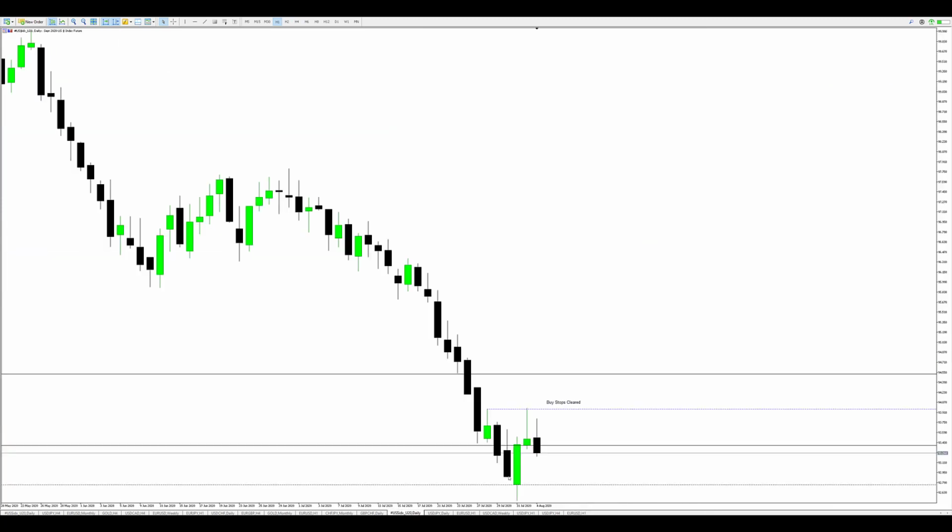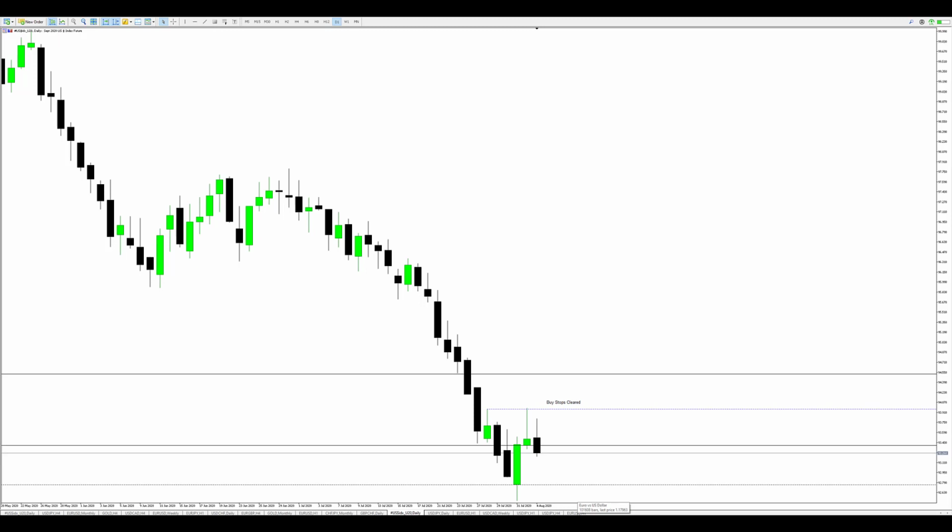You can clearly see what kind of price action we have here. So as long as the price is trading below 93.95 on the dollar, expect short trades to be ideal on USDJPY and long trades ideal on EURUSD.